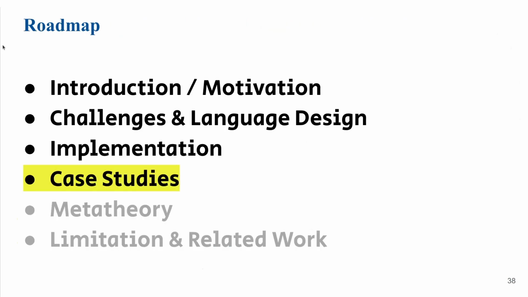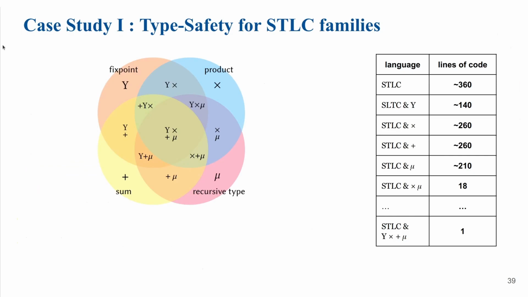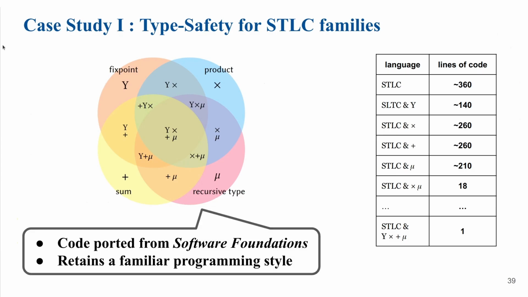We apply FPOP to several proof engineering challenges. In the first case study, we extend STLC with 4 features separately: fixed point construct, product, sum, and iso-recursive types. The code base is ported from Software Foundations by Pierce and others.